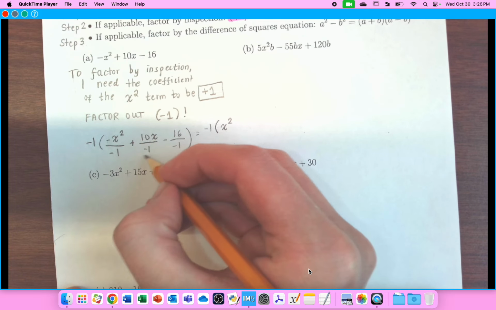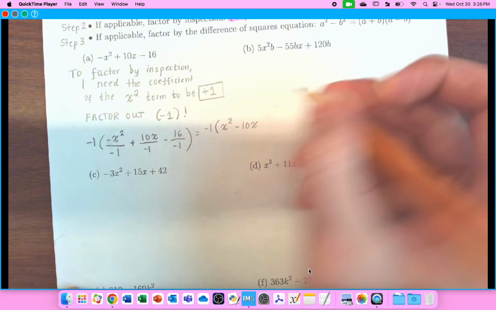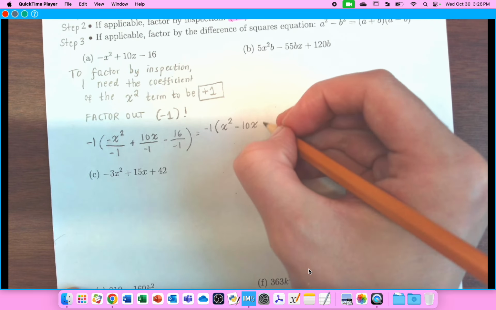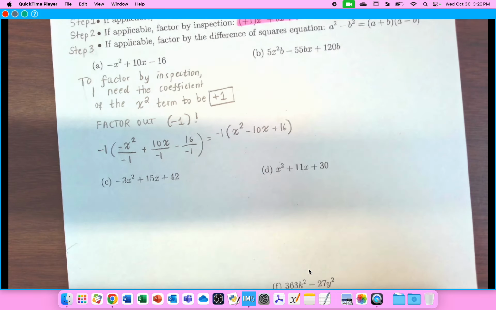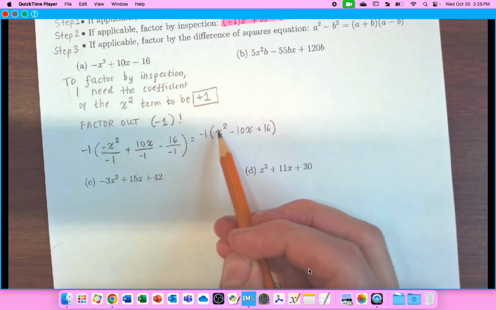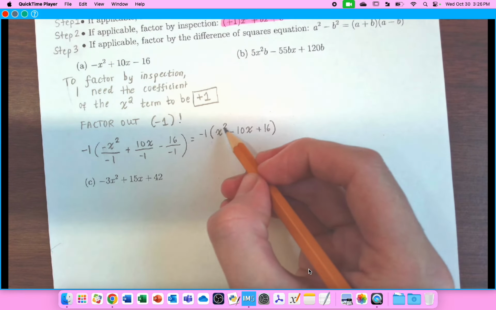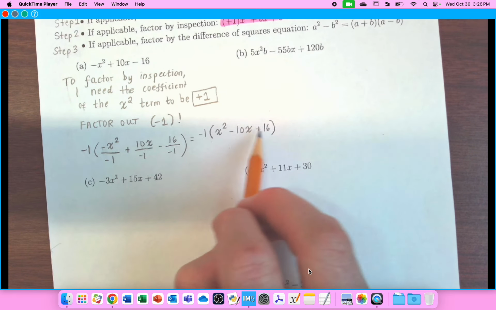Positive divided by negative is gonna be negative. Negative divided by negative is positive. So you can also think about it like we just changed the signs. When we factored out a -1, this term became positive, this term became negative, and this term became positive.